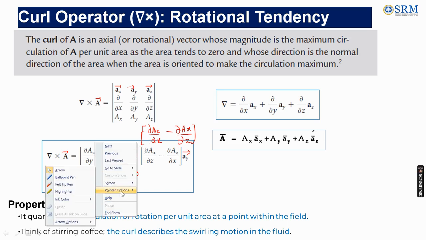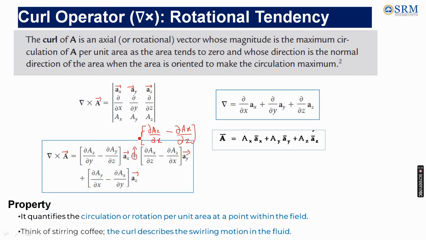You put a negative sign for the next term, write the second unit vector ay cap, and leave that particular column and row. What is left is dou Az by dou x minus dou Ax by dou z. Able to understand? Then for the last term, I write plus the az unit vector.